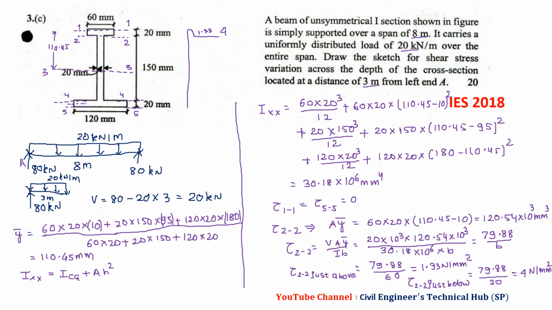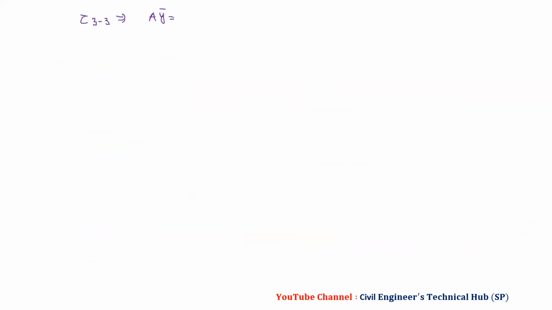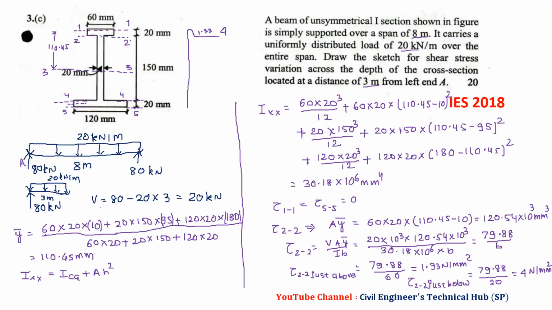Now we will find the next at the neutral axis, so we have tau 3-3. For A y bar, the first part we will take as it is, 120.54 into 10 raised to 3, and then we have to consider the remaining part. Which is the remaining part? This one.